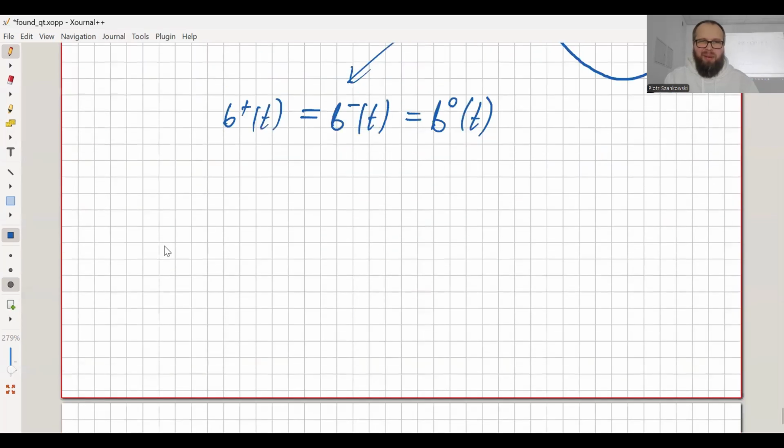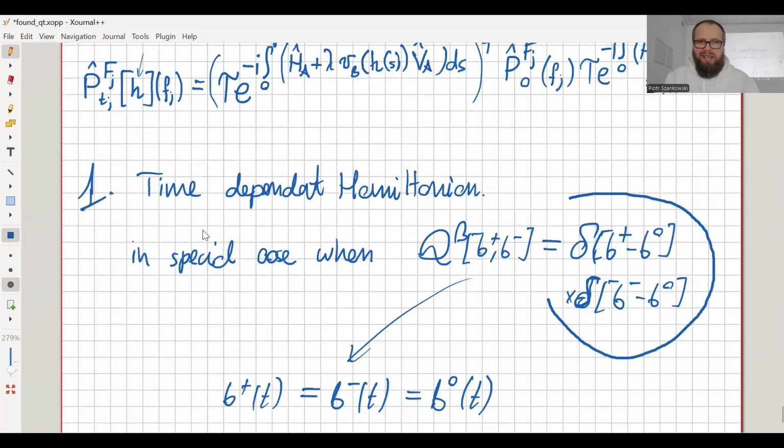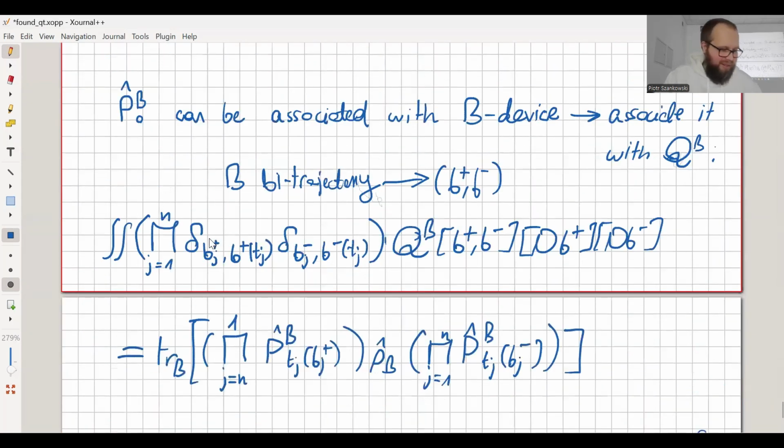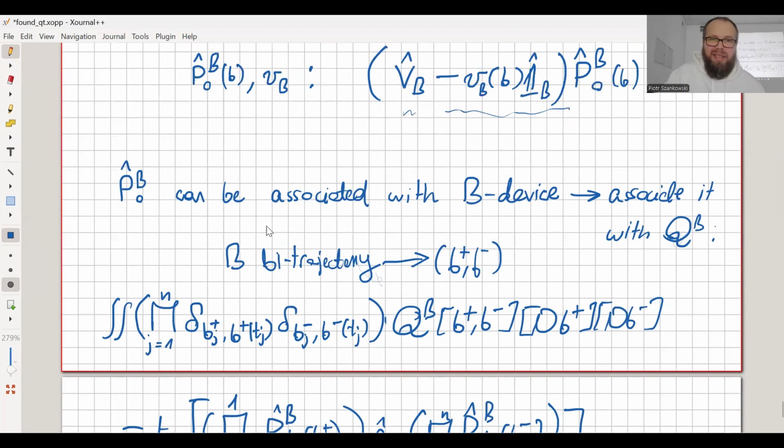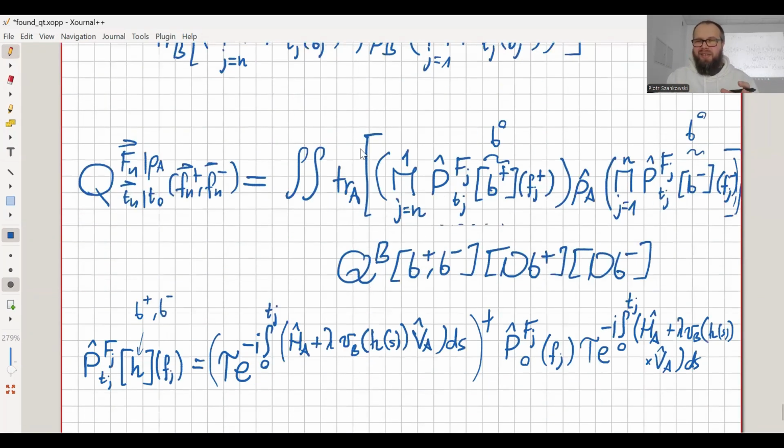But a more important observation, number two, is these projection operators, which we used to define an observable, with which we could associate probabilities. This is what led us to this whole formula.